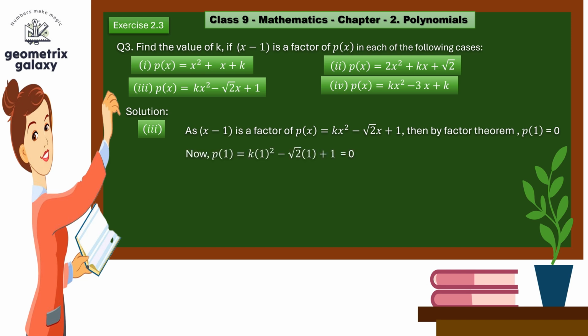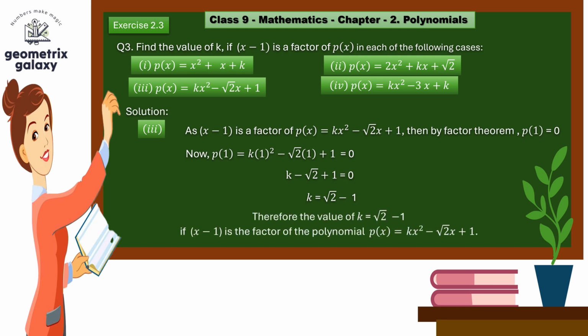That is, after simplification we get k minus root 2 plus 1 is equal to 0. That is, k is equal to root 2 minus 1. Therefore the value of k is equal to root 2 minus 1 if x minus 1 is the factor of the polynomial p of x is equal to kx square minus root 2x plus 1.